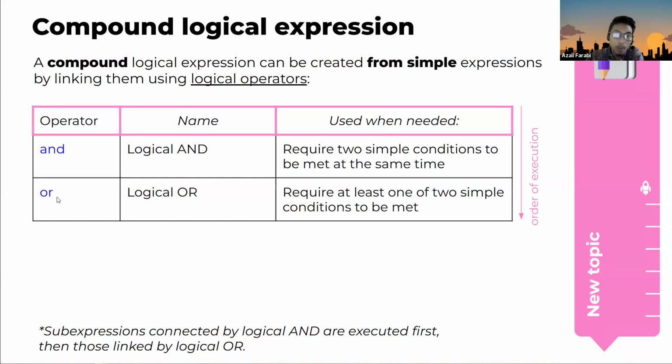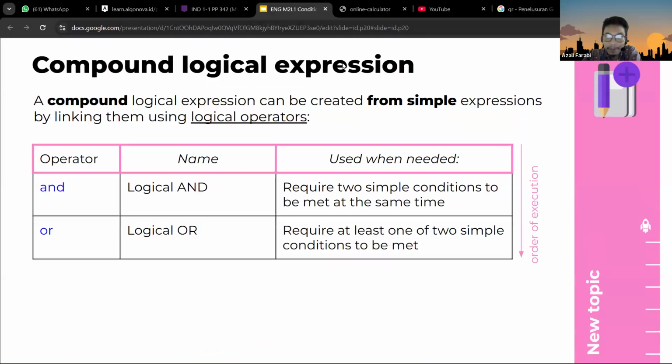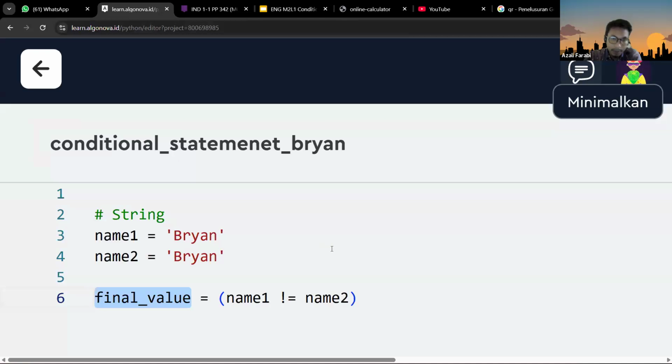I mean, in what condition will the final value of the AND operator be true? It will be true, Brian, when all of the statements are true, completely true. Let me explain with an example.